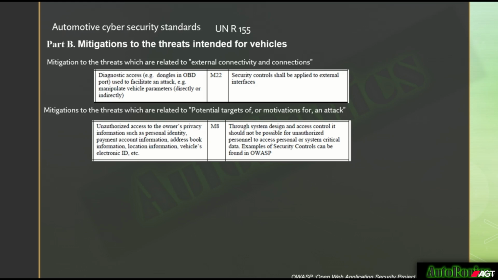So the mitigation can be, through the system design and access control, it should not be possible for unauthorized personnel to access the personal or system critical data. Examples of security controls can be found in the OWASP.